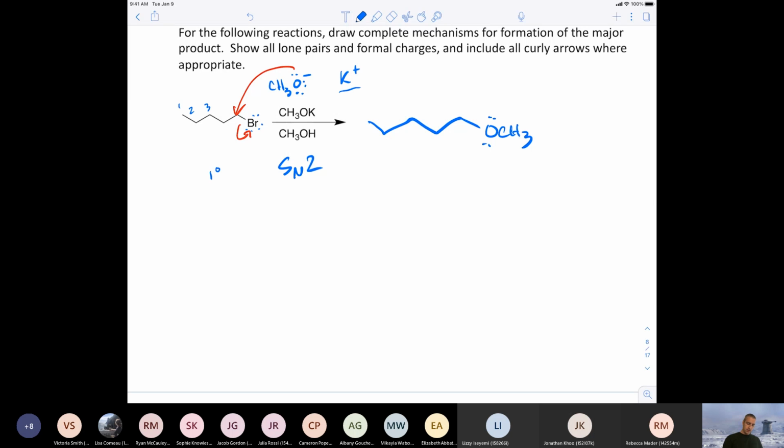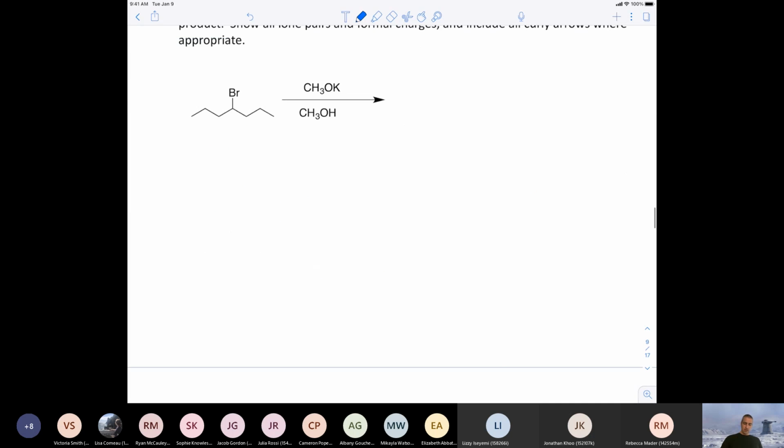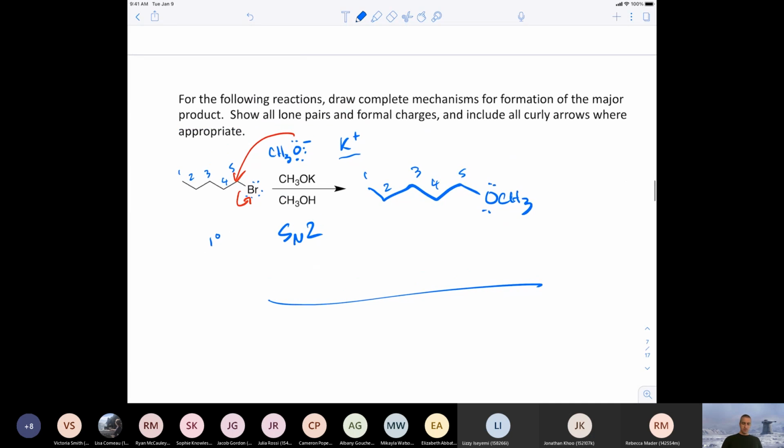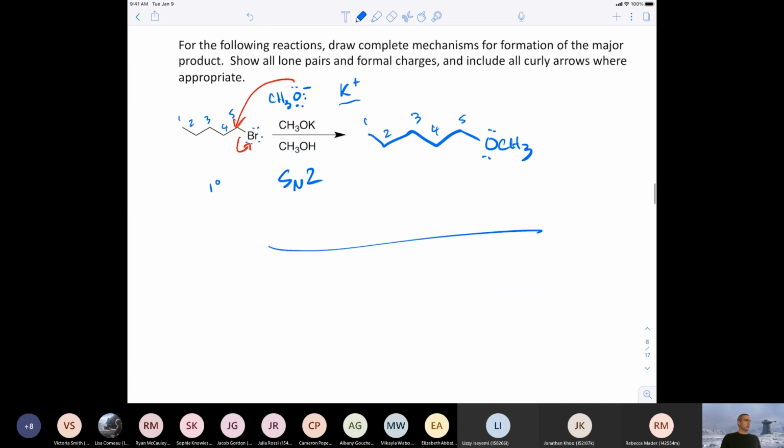It's very easy to miscount and drop a carbon or add a carbon. The carbon chain you started with shouldn't gain or lose carbons. Not a chiral center, so I mean it does invert, but if it's not a chiral center, you draw it the same anyway. It's important that you draw it flipped when it is a chiral center.